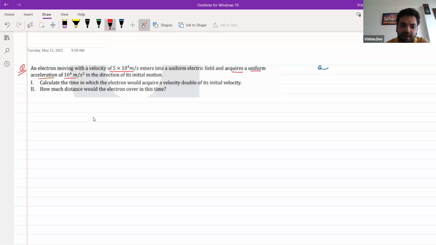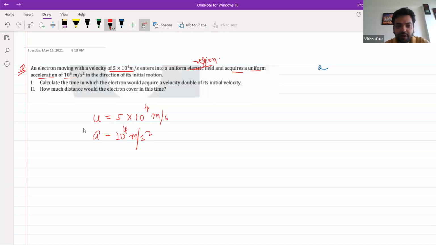So let's mention the initial velocity is given as 5 into 10 to power 4, and as it enters the electric field, let us say this is a region, as it enters the region, it acquires a uniform acceleration of 10 to power 4 meter per second square.